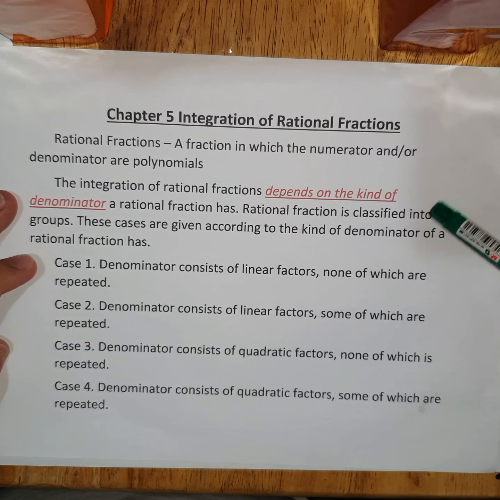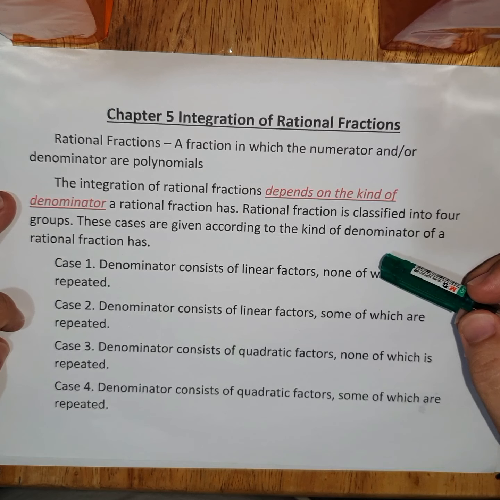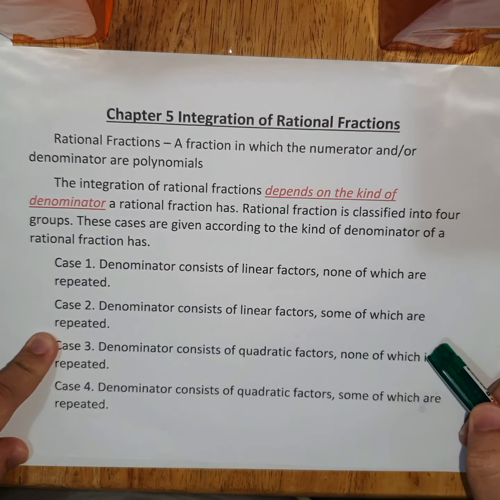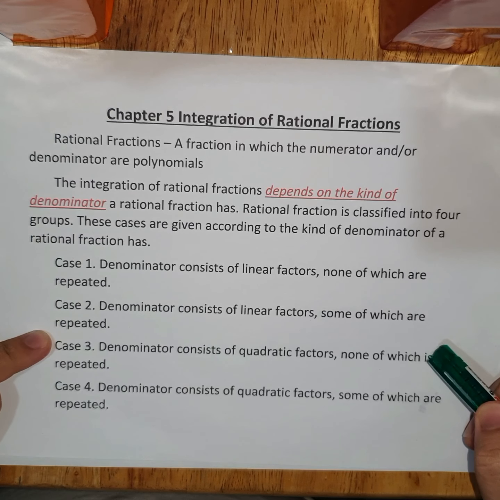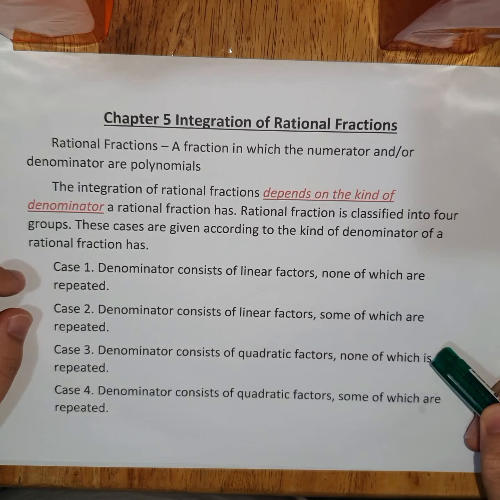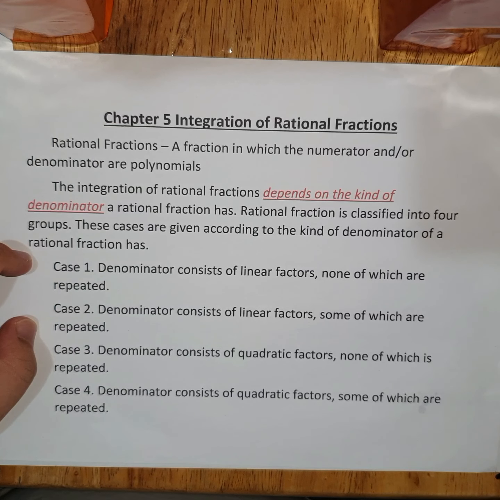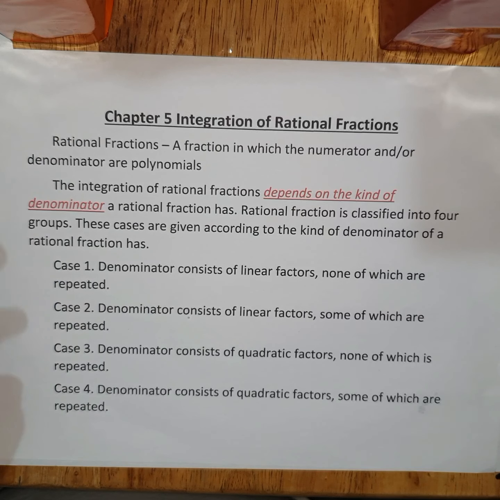Yung case 2 naman is also linear factors pero repeated. Ibig sabihin, pwedeng maulit, halimbawa, factor natin is x minus 1 times x minus 1. Na-repeat siya kasi twice nag-occur yung value na x minus 1. Okay? Okay, so let's start with case number 1.